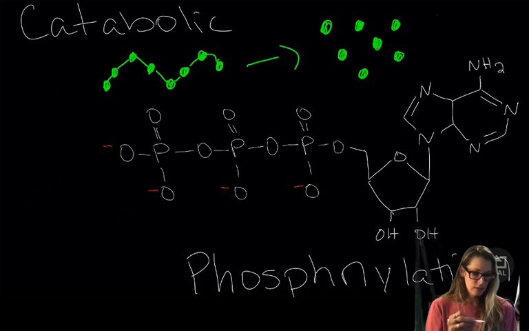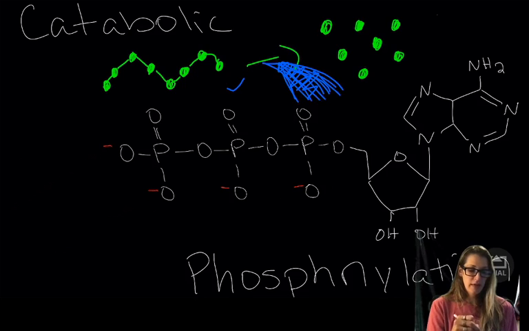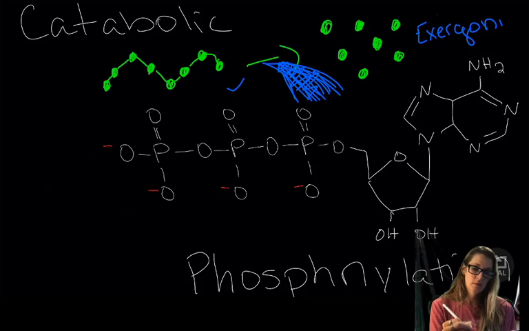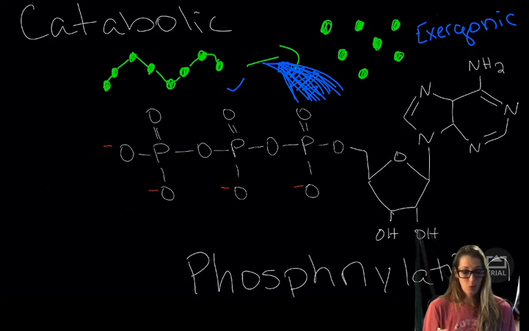And this process releases energy, lots of energy. So that is exergonic. Okay, so that's an introduction to ATP in metabolism. Next we're going to talk about this whole phosphorylation, putting a phosphate on the ATP. How does that actually happen?